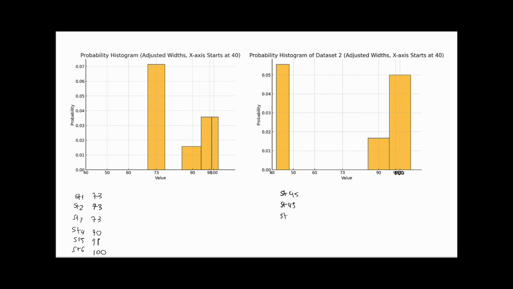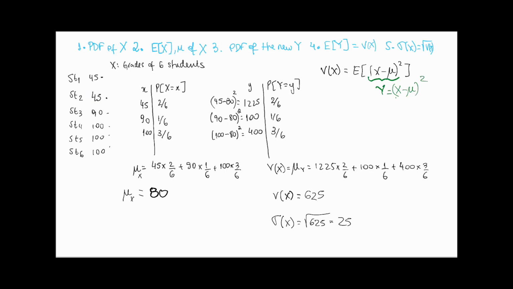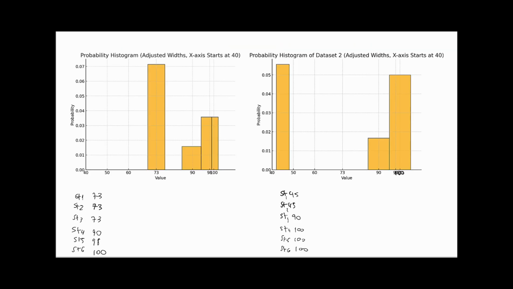Then 1 student was 90, and the other 3 students, student 4, student 5, and student 6 had 100. Let me just check. Yes, 45, 45, 99, 100, 100.